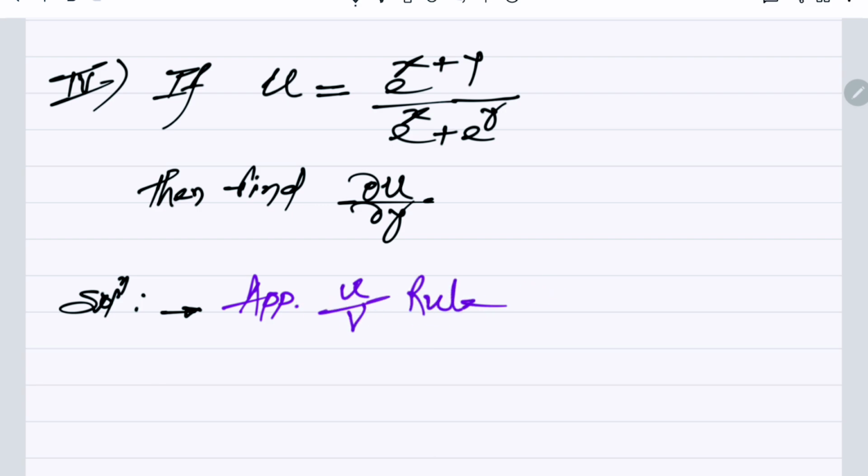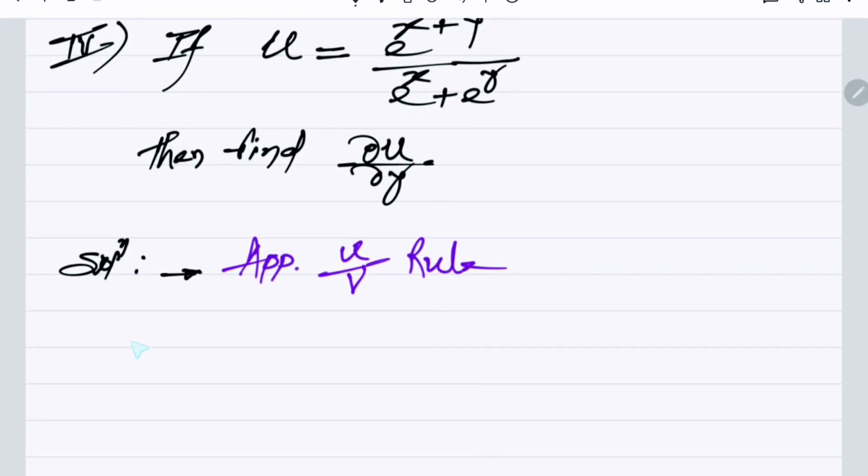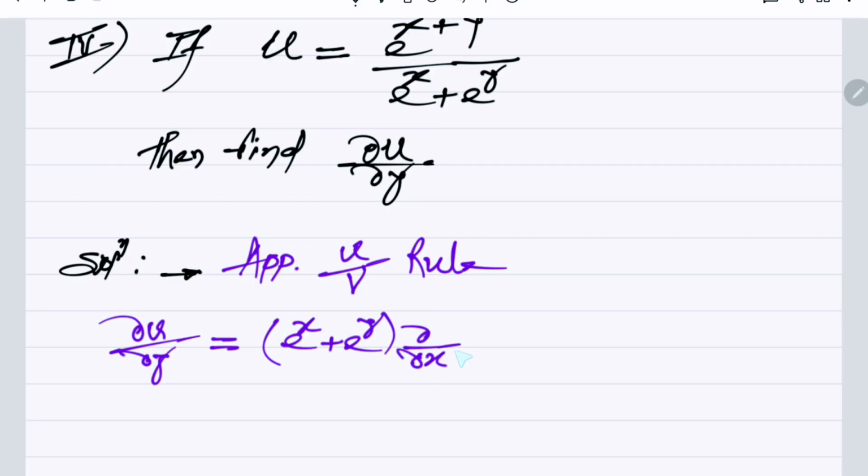We get ∂u/∂y is equal to the denominator term as it is, that is e raised to x plus e raised to y, into the differentiation of e raised to x plus y with respect to, oh sorry, with respect to y.